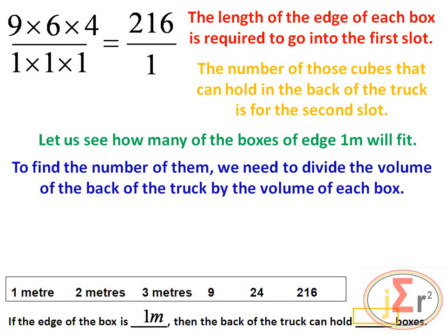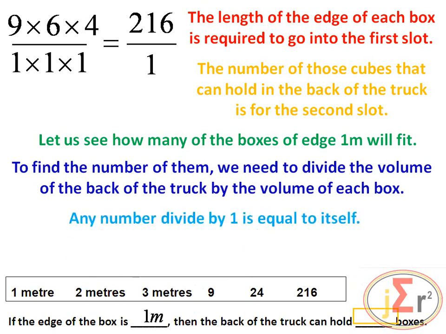So here we have 216 to be divided by 1, and any number that is divided by 1 is equal to that same number. Any number divided by 1 is equal to itself.